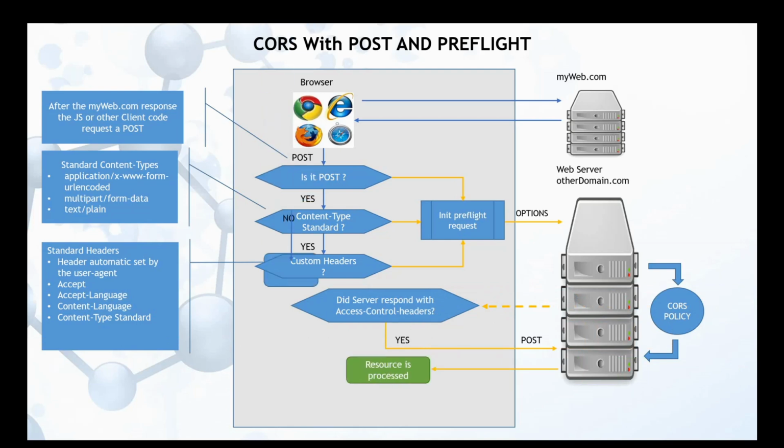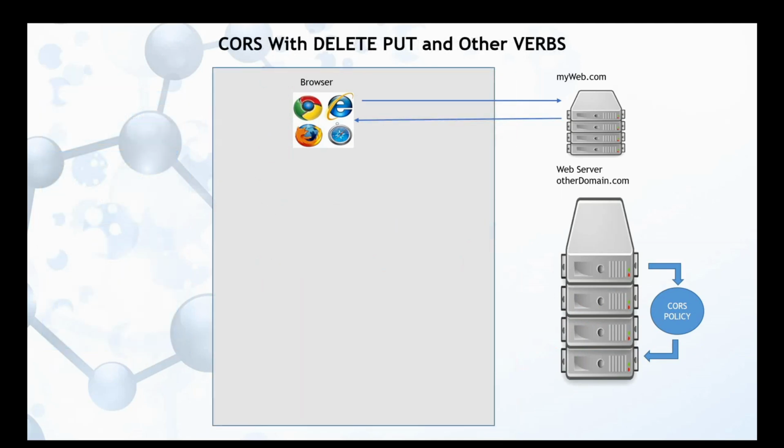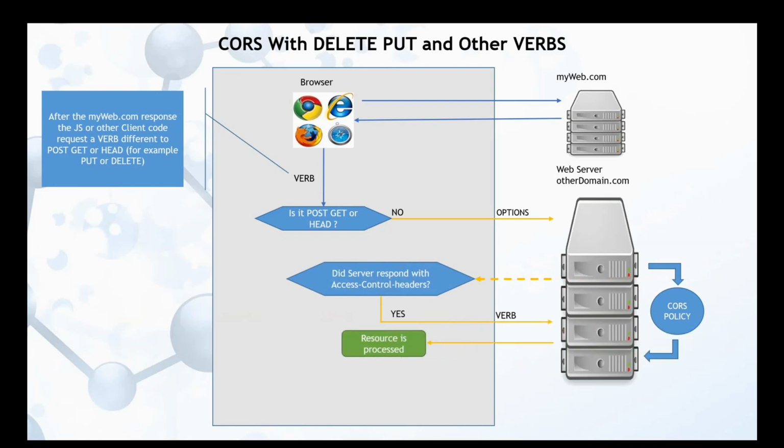In other case, an error is generated in the browser. And last, for other verbs of the HTTP protocol, such as DELETE or PUT, the OPTIONS preflight request is always sent to the server, and after the server's approval, the real request is sent and the server returns the requested resources. If the server does not approve, an error is generated by the browser.